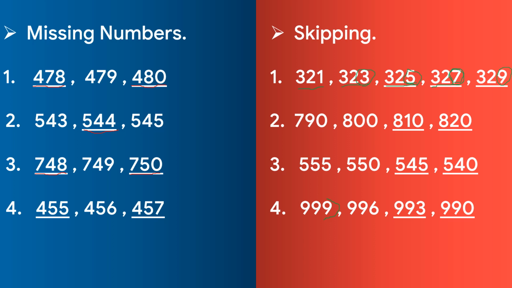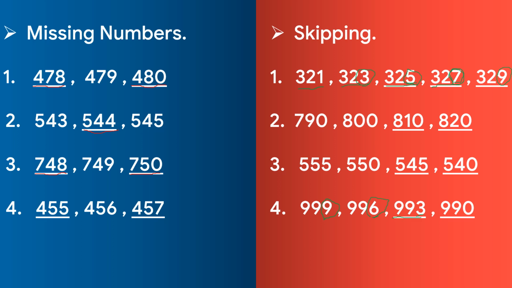When you subtract 3 from 999, from the last digit 9, 9 minus 3 is 6, and the first two digits, as per the rule, you put as they are. Again 6 minus 3 is 3, and the first two digits as they are.